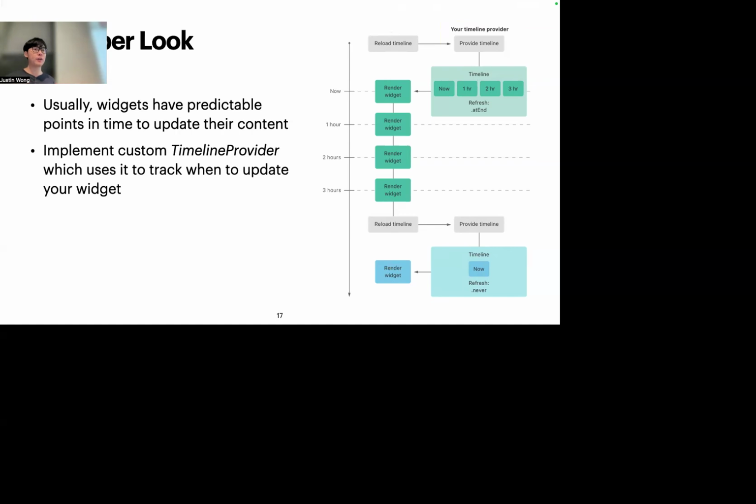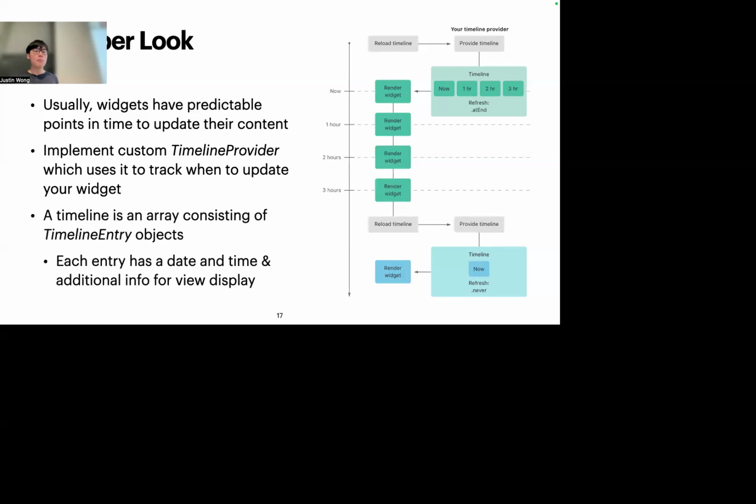The timeline provider is a protocol that you implement, and you can basically specify when to update your widget. A timeline is simply an array consisting of timeline entry objects, and each entry has an associated date and time with additional info that you can put in there for displaying.